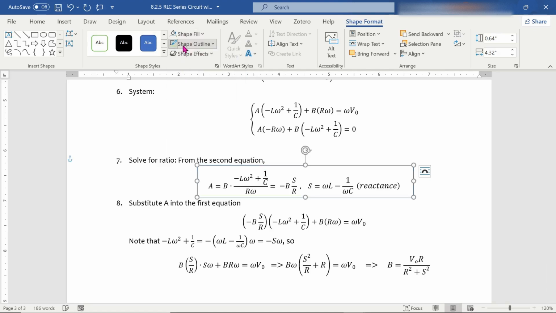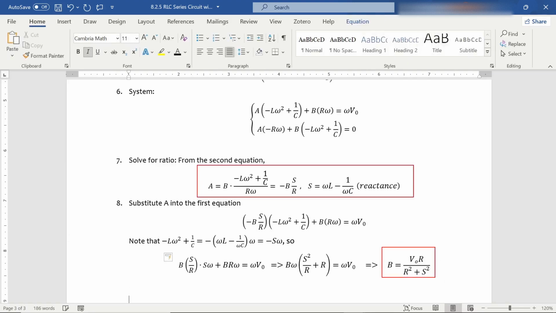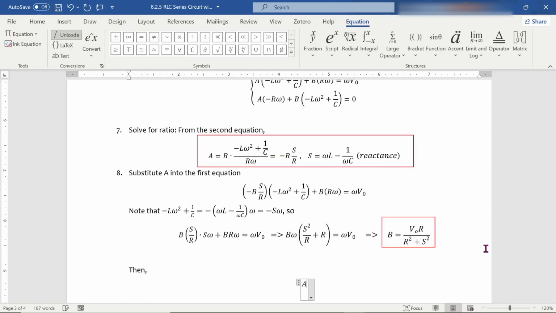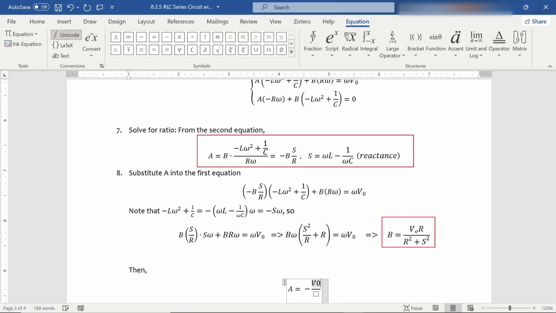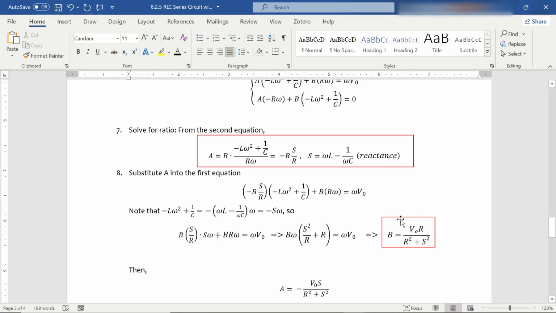This is our A, and this one is the value of our B. Then A is equal to negative V naught times S over R squared plus S squared. Okay, so we are now done with calculating our coefficients A and B.